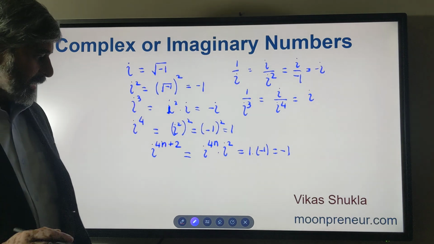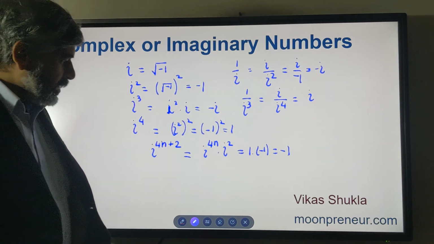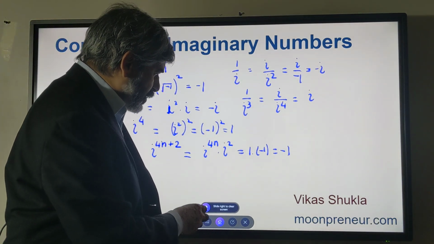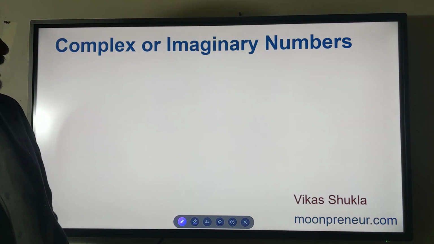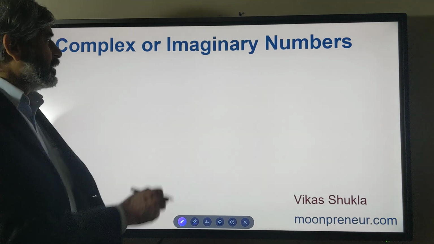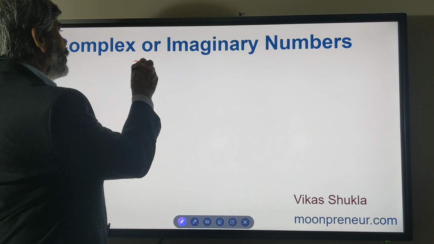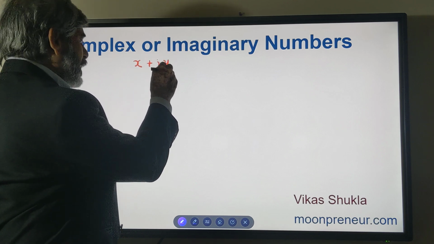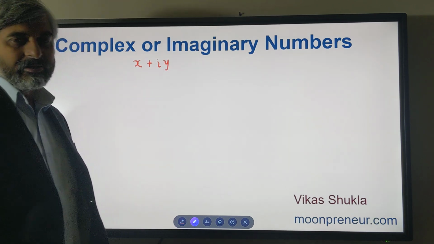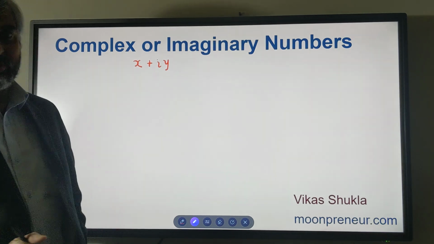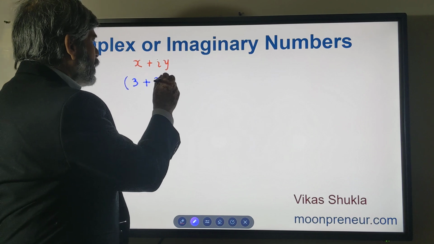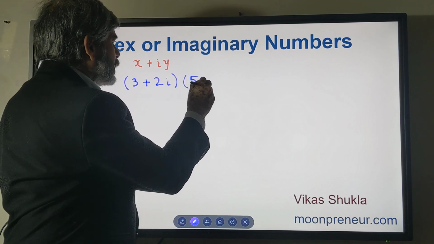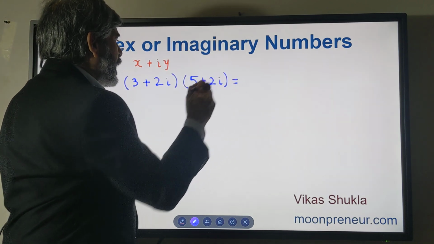There could be more complex ones. In the SAT exam or other such exams, there are some types of questions that you come across, and we are going to look at those problems. A general complex number is written in the form x plus iy, and you may be asked to write an expression in this format. For example, let's say we are given 3 plus 2i multiplied by 5 plus 2i. What is the answer?